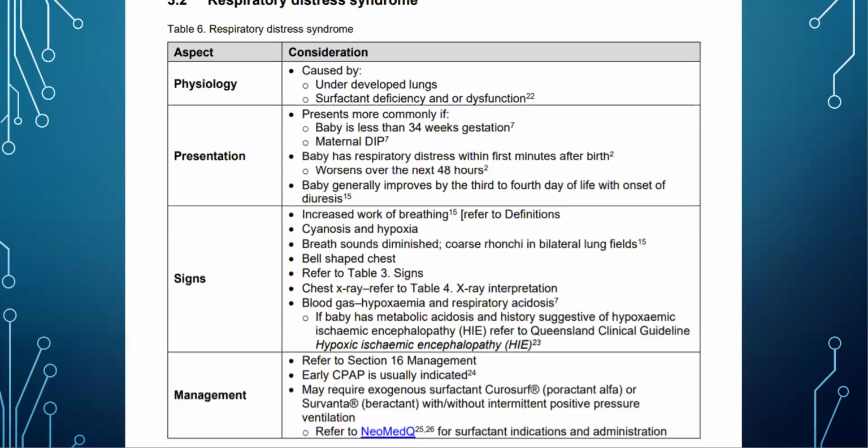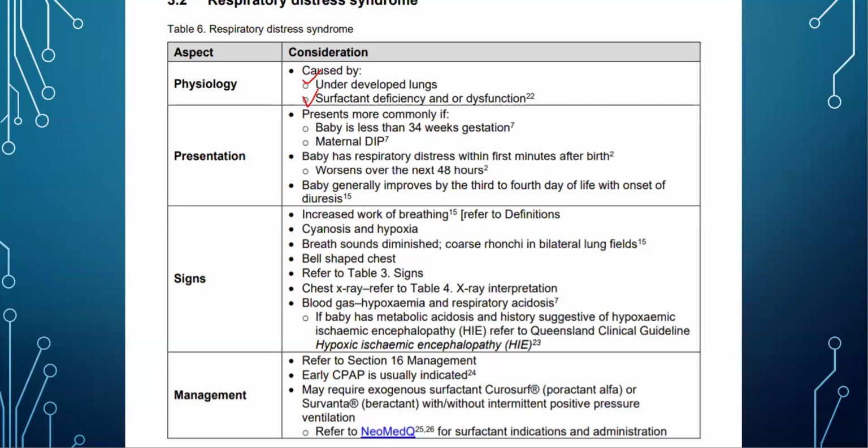What is respiratory distress syndrome? It means that when a child is born premature, they have underdeveloped lungs, and because of this they have a lack of surfactant. Surfactant is the product which makes the lungs expand. If there is a lack of surfactant, the child's lungs will not expand, and the child will have respiratory distress if born earlier than 34 weeks.